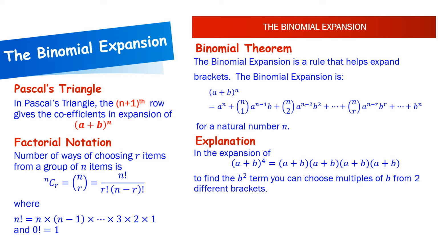So to find the b squared term, you can choose multiples of b from 2 different brackets. This can be done in 4 choose 2 ways, as shown.